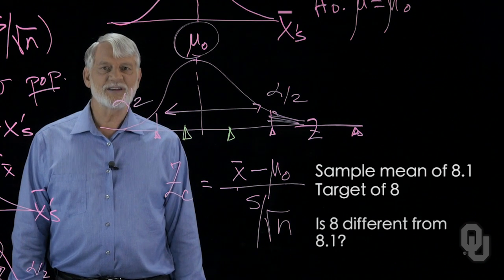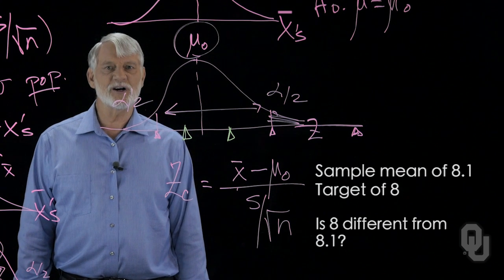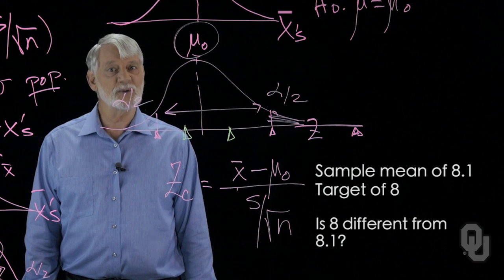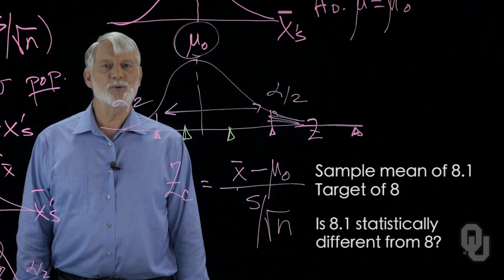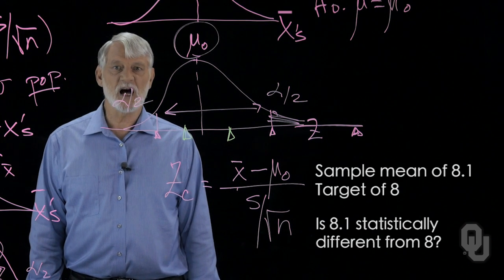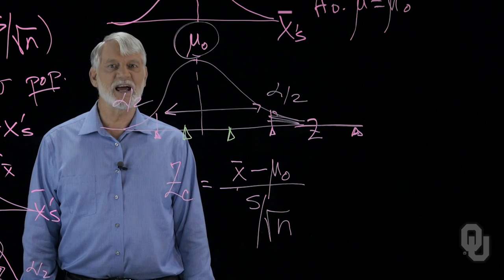And we ask, is 8 different than 8.1? What 5-year-old would get this wrong? It is the variation in the sample that makes this a real question. Is 8.1 statistically different from 8? Maybe not. And this is the question that hypothesis testing answers for us.